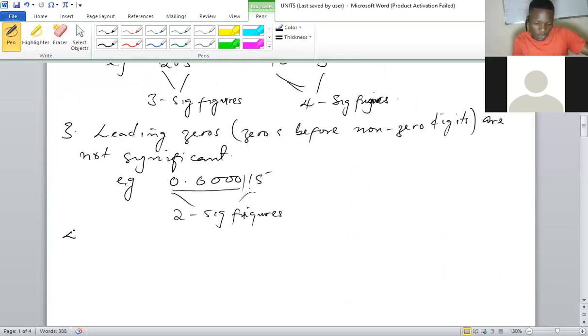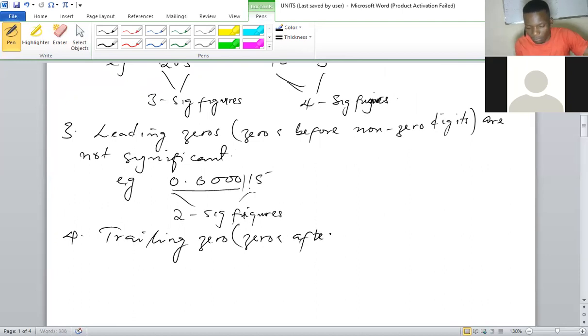And then we go to number 4. In number 4, we are talking about trailing zeros after non-zero digits. When we're talking about trailing zeros, we are talking about zeros after non-zero digits or numbers.